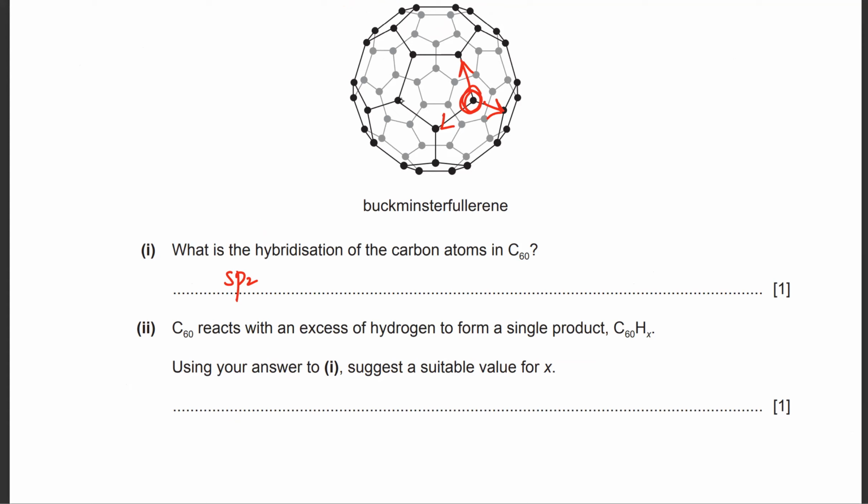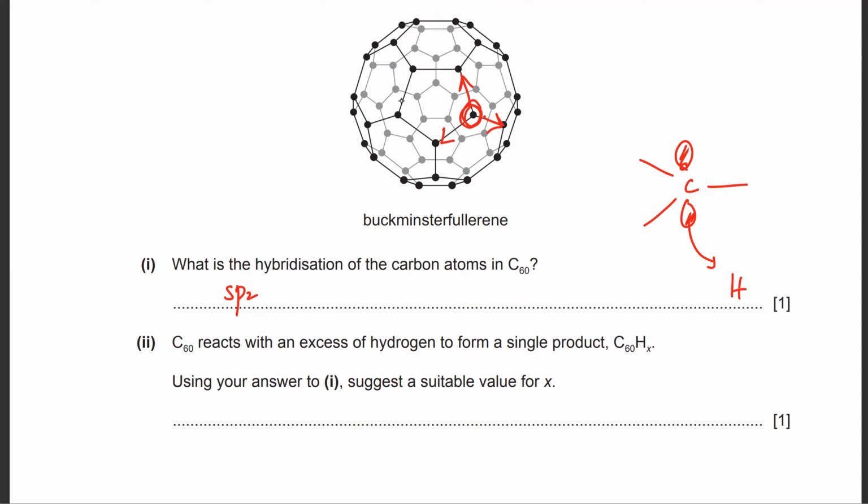One more, right? It was already making 3 bonds. The 4th electron was delocalized, so the 4th electron can be used to make another bond with a hydrogen atom.